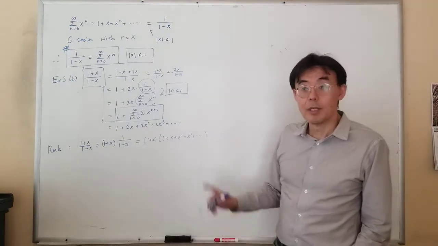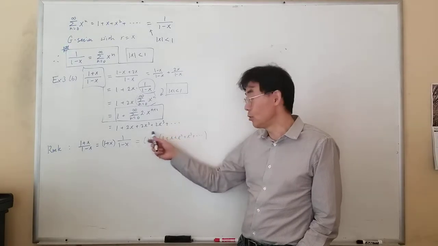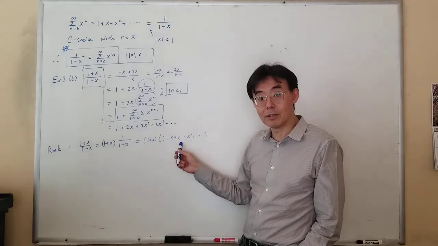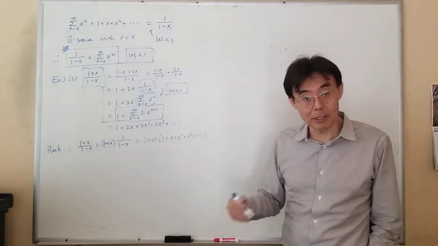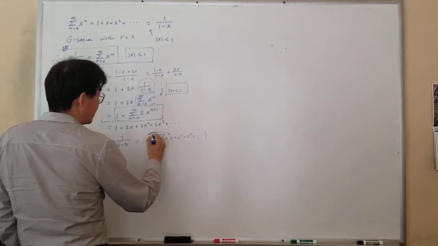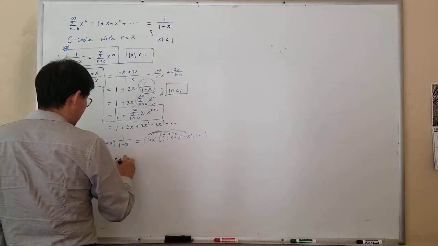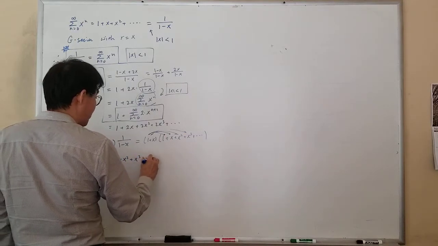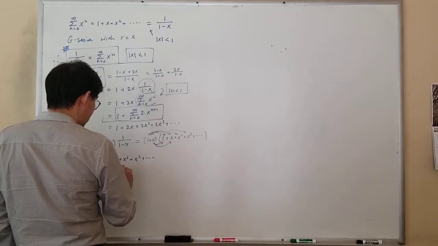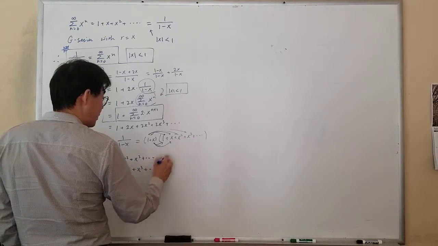Now, let's assume that we can do distribution even between polynomial and power series, so that foiling is possible. Let's assume that. Then what do you get? 1 times this, 1 times x, infinite foiling, right? 1, x, x squared, x to the third, keep going. From here, x times 1 is x, and then x squared, and then x to the third, keep going, right?